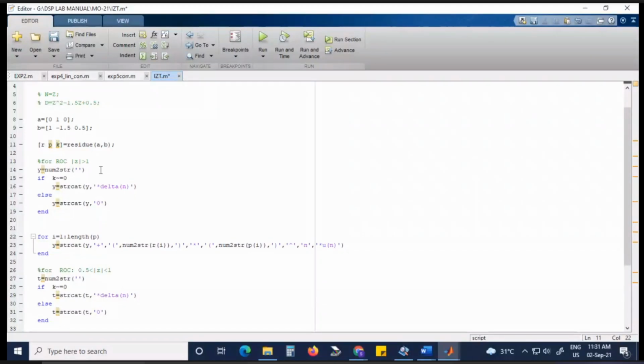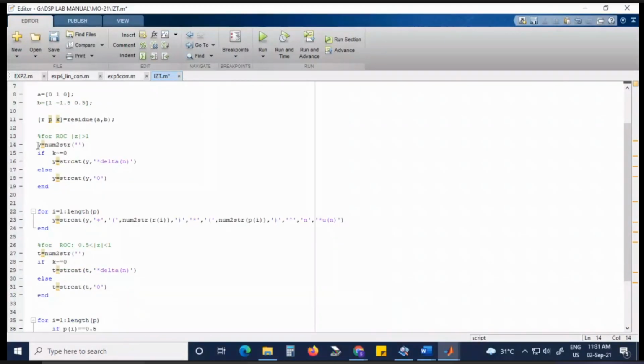This is the part. So y is some initial variable where the output is stored, and it is a null string. If the constant k is not zero, then that constant will be multiplied with the delta function.